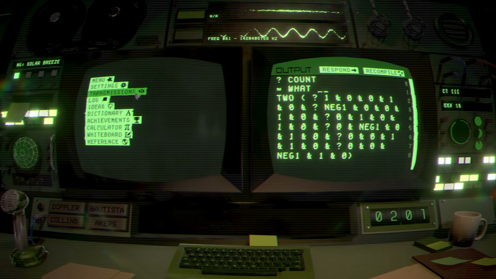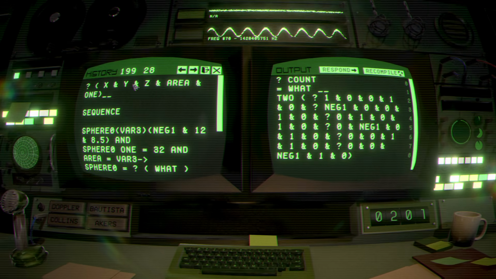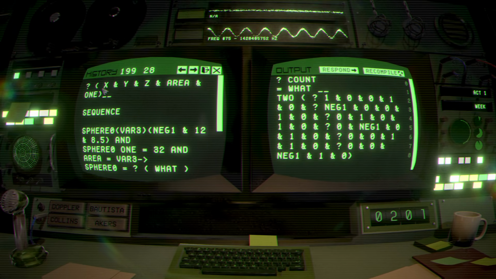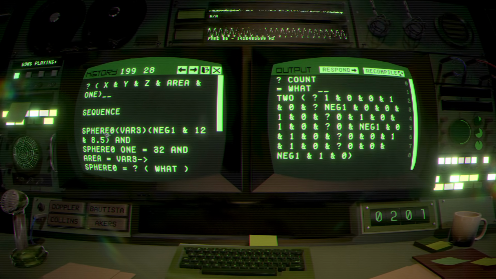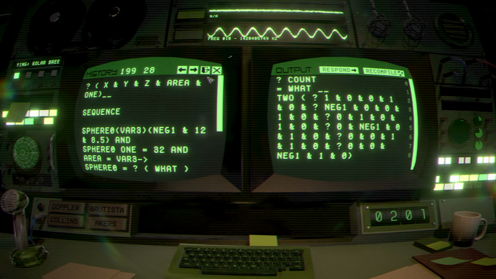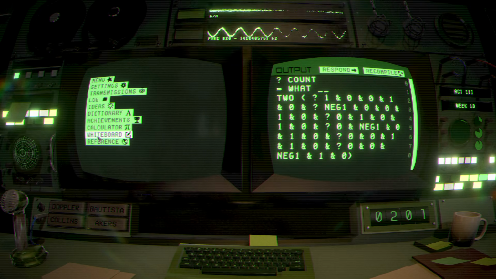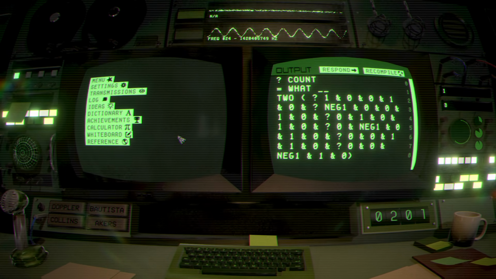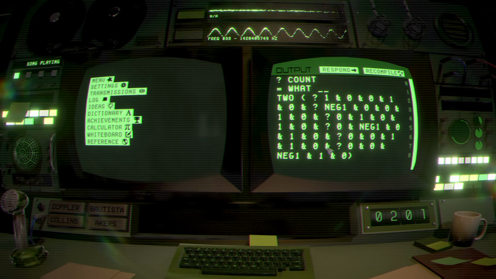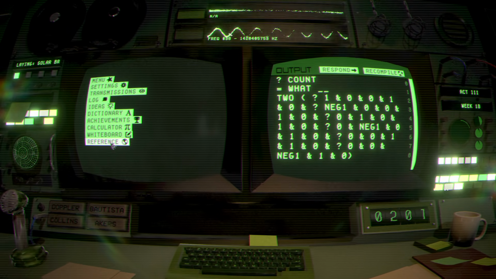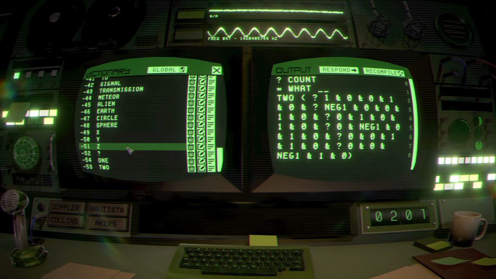Okay, is it one of these constants that we know about? Is it pi? No, doesn't quite make much sense, does it? Maybe these are called coordinates. Would that make sense?